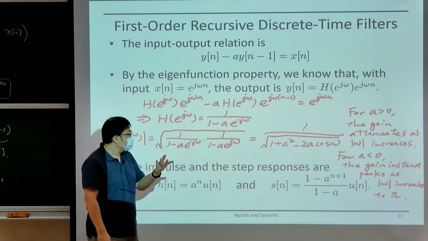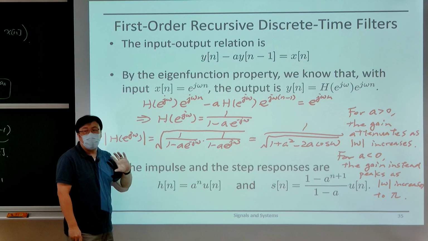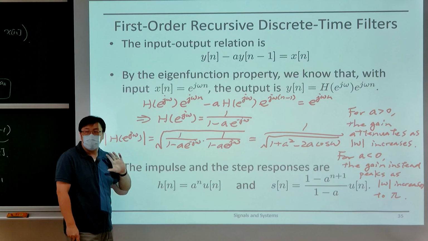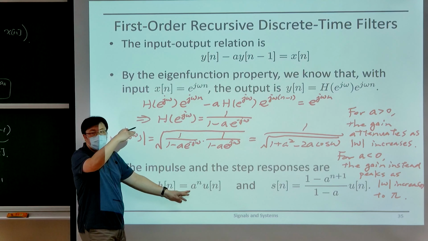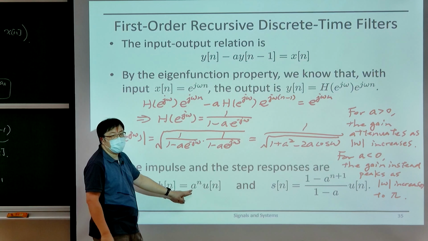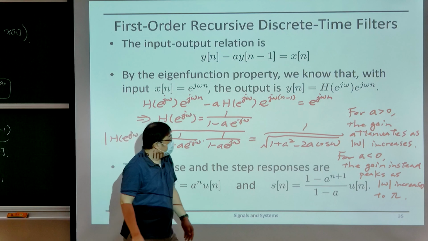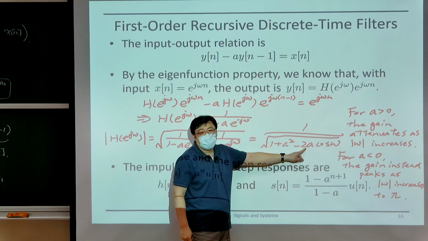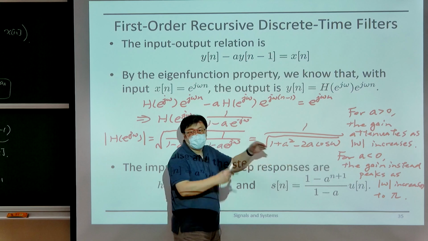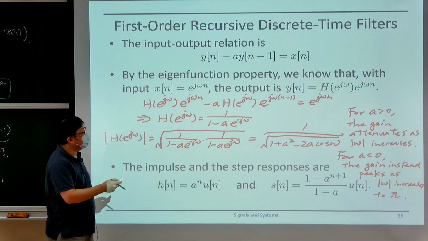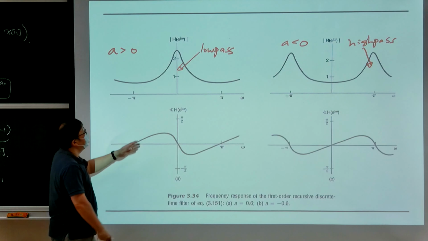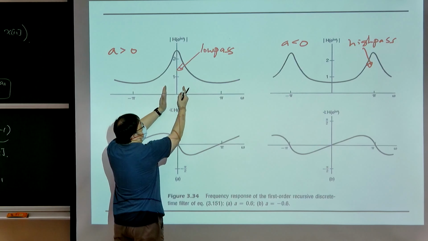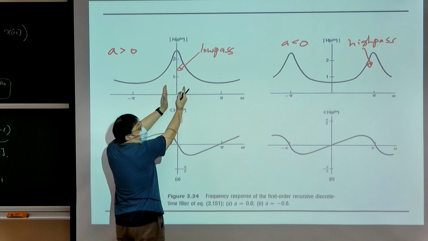Now, vice versa, if you pick a to be large, let's say close to 1, then this response will decay very slowly. The time signal decays slowly, but the frequency domain attenuates rapidly. So for a that is large, you will be able to obtain a low-pass filter with a narrower passband.